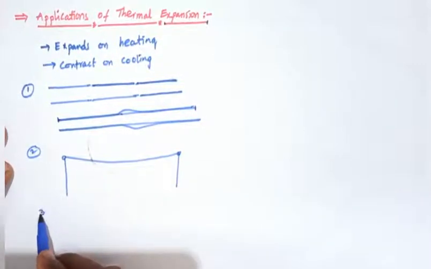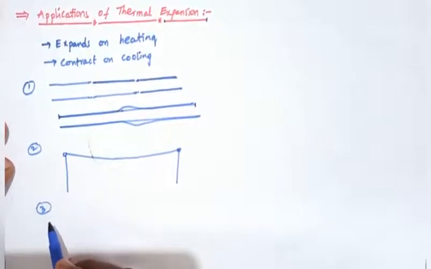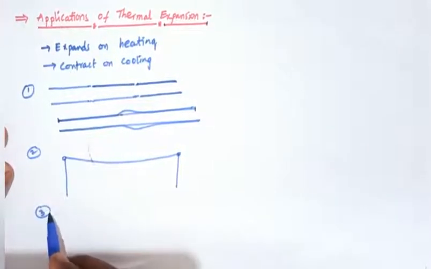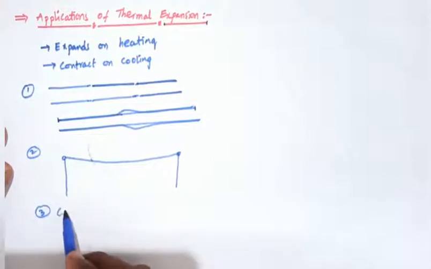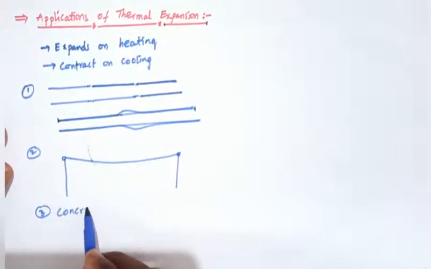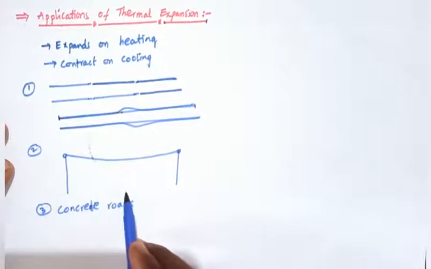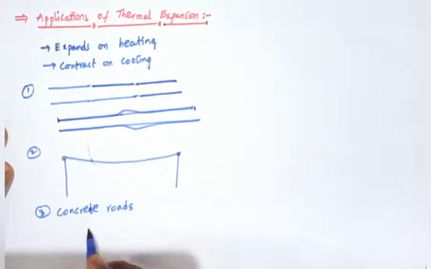And the third one is concrete roads, in the villages. In between some parts of the concrete road, a gap is left.